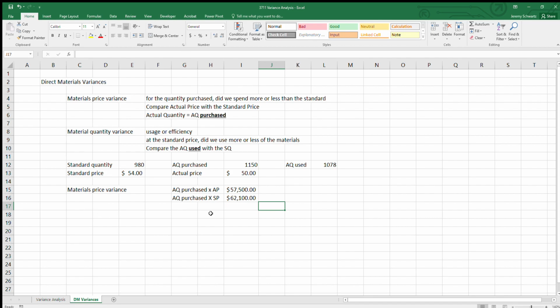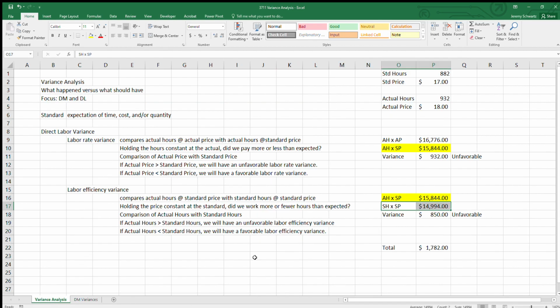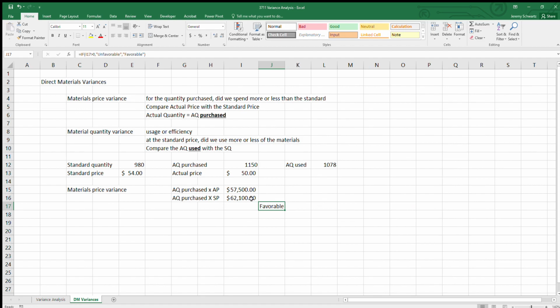And so now, if we wanted to copy our formula from the previous worksheet right here, right now it's showing that it's favorable, but what we have to see is our variance here would be 57,500 minus 62,100. And indeed it is favorable, so it is negative. So what we have here is our actual price was lower than what our standard was.